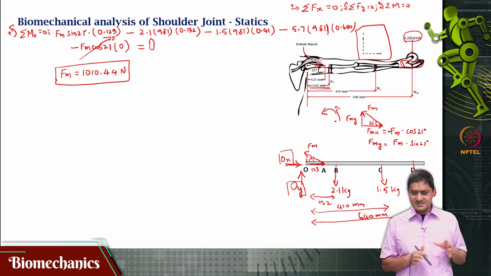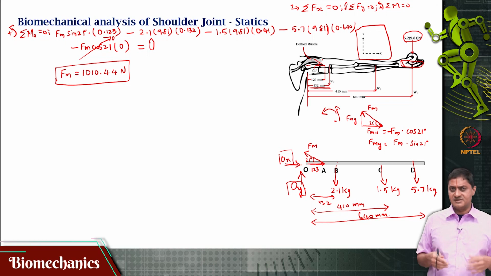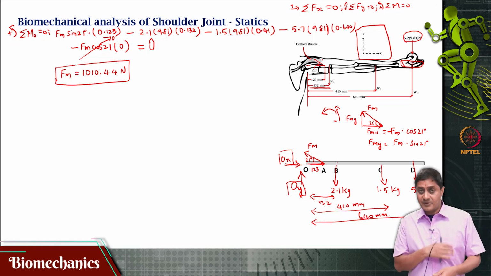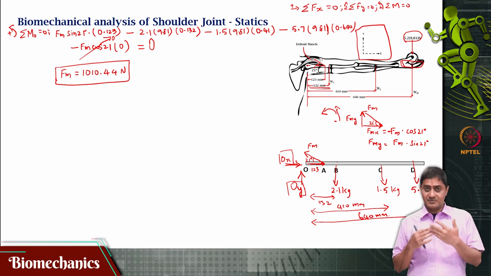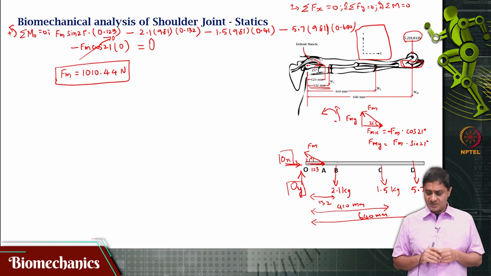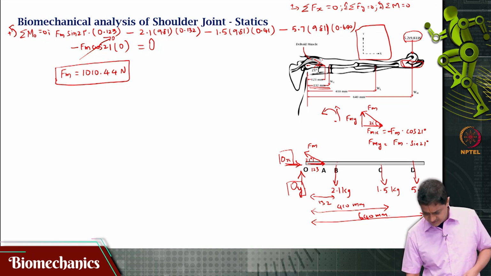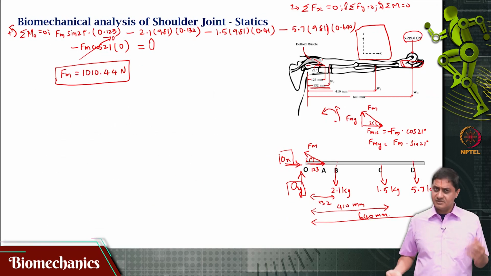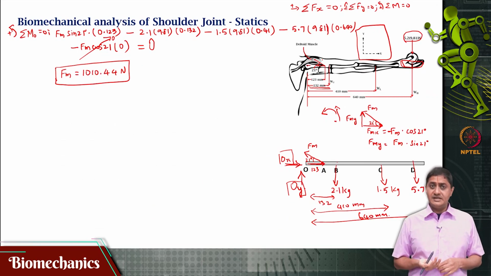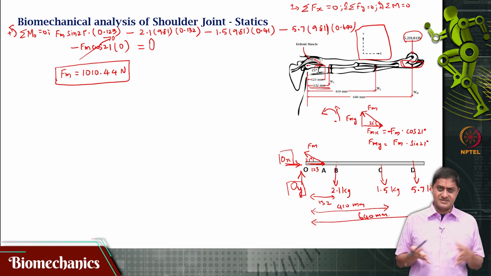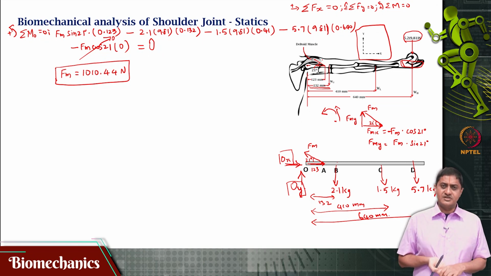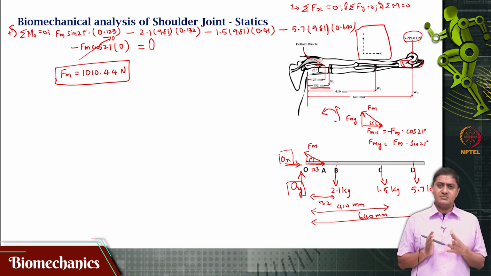Of course, there are other masses that I have not discussed. There is the mass of the upper arm, the lower arm, and the hand. Even if you add all of them, we saw in the previous slide it is about 9.3. Even if you say it is about 90 newtons, for the sake of discussion, the muscle produces about 10 times as much force.